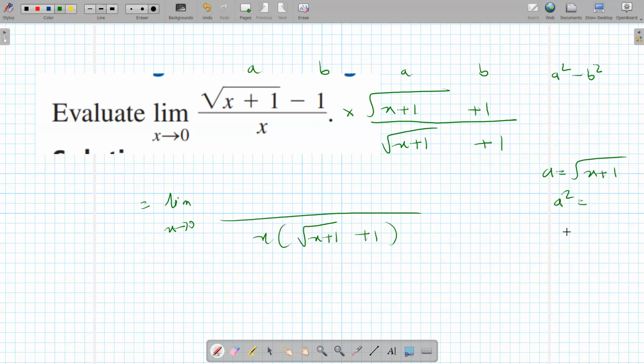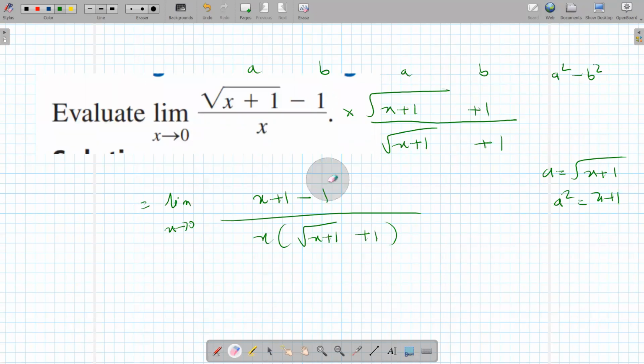Remember with squares and square roots, they just cancel each other out, okay? So you just get x plus 1. So you get a squared, which is x plus 1, minus b squared. Well, b is 1, 1 squared is 1, so like that.